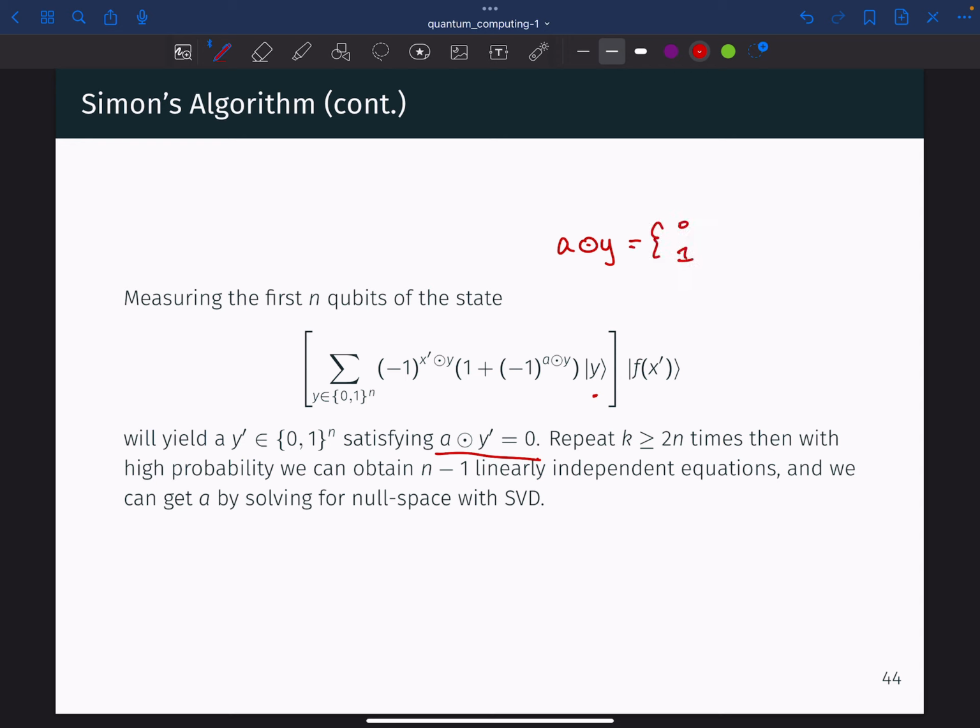If it's 1, then this term will be 0, and the whole term vanishes. If it's 0, then this term is 1, and you'll get this term, which is non-zero.